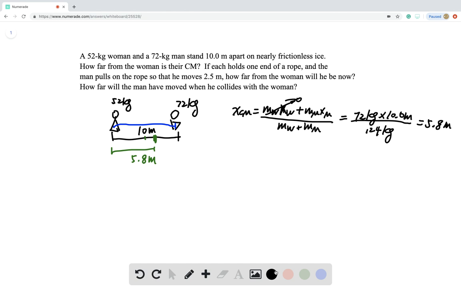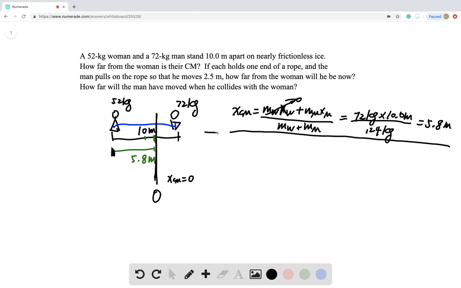Previously we had our origin at the position of the woman. If we now take our center of mass as our origin, then the x center of mass in this coordinate will be 0, because the center of mass is our origin.